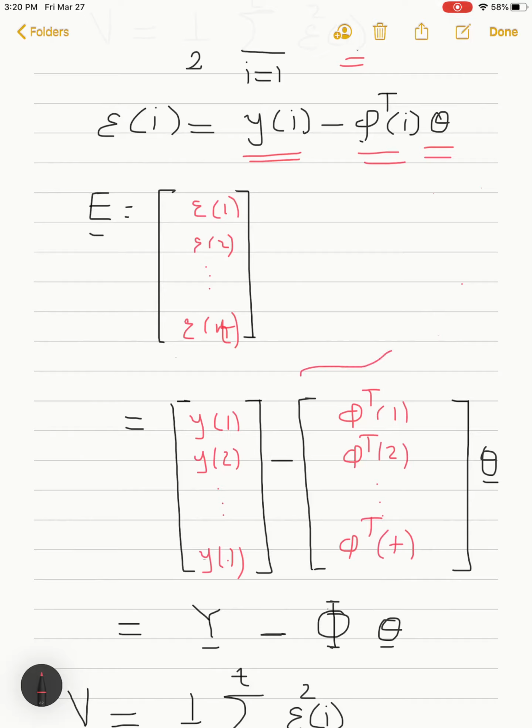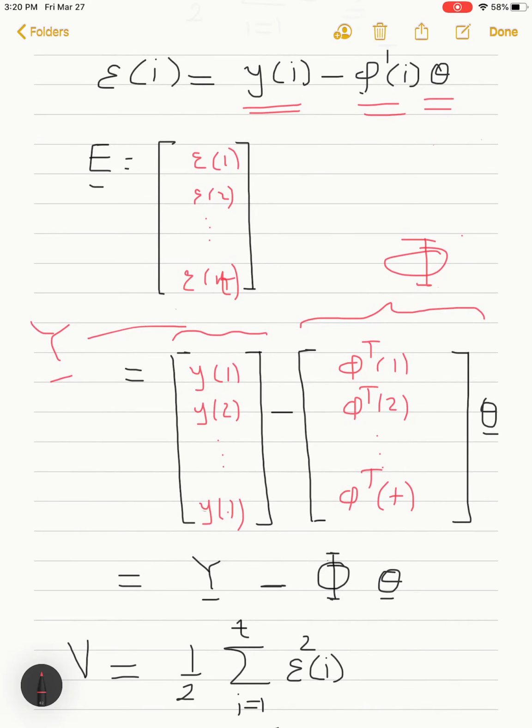I'm going to call this whole matrix capital Phi and call this vector y. So the result would be the error vector is y minus the big matrix Phi times the parameter vector theta.